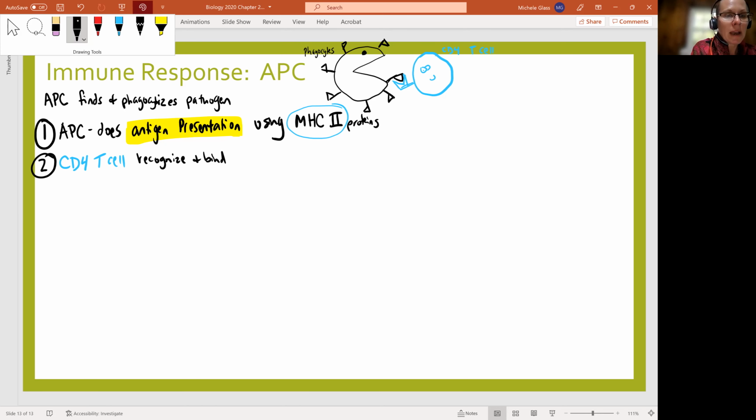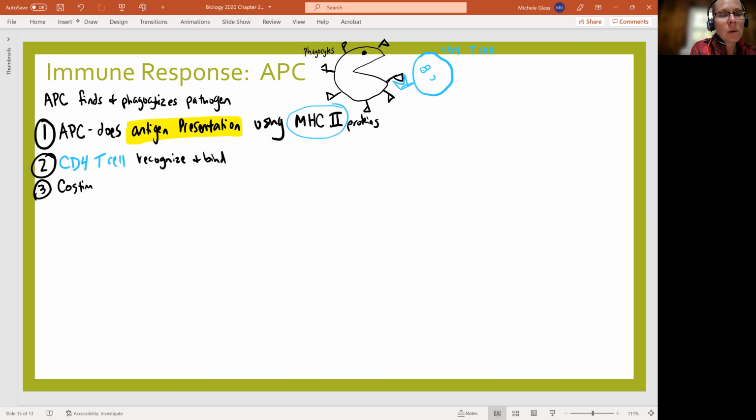We have a pattern of once we have recognition and binding, we get the co-stimulation. Remember, this is our go ahead. In this case, it's the phagocyte that says, yep, we're good to go. So I'm just going to draw an arrow from the phagocyte to my CD4 T cell, and I'm going to say, go ahead.